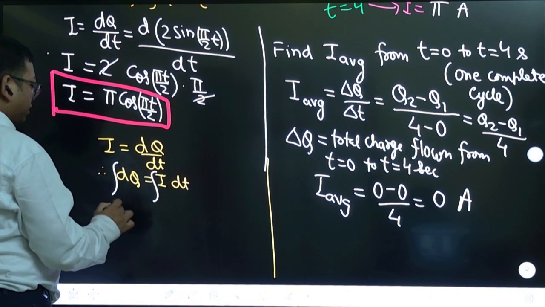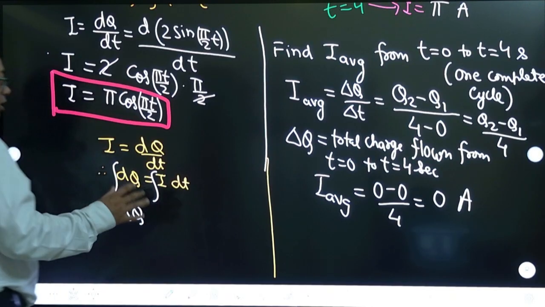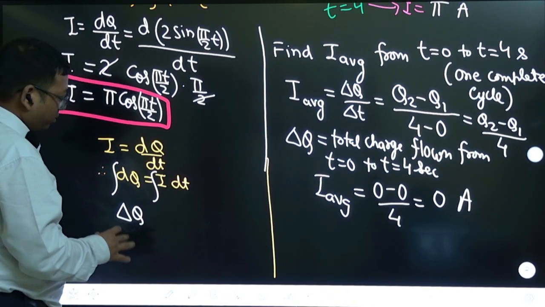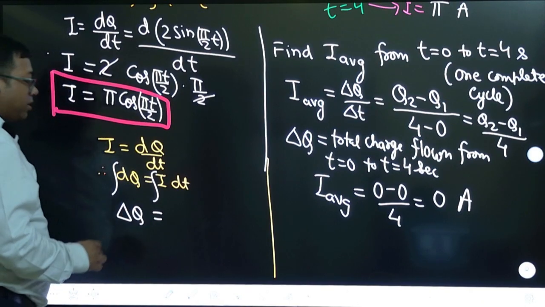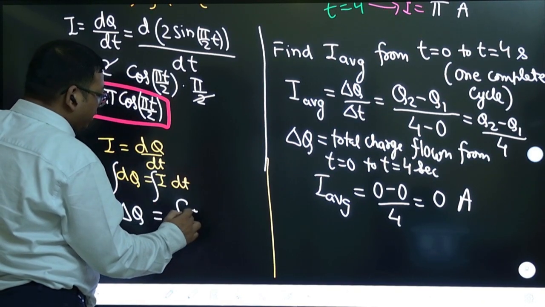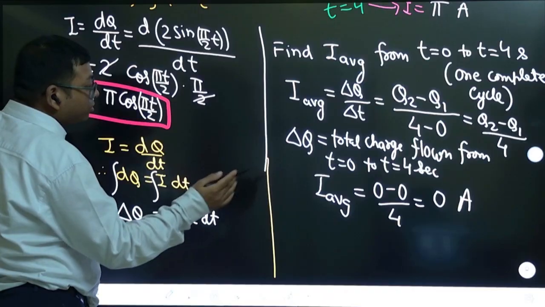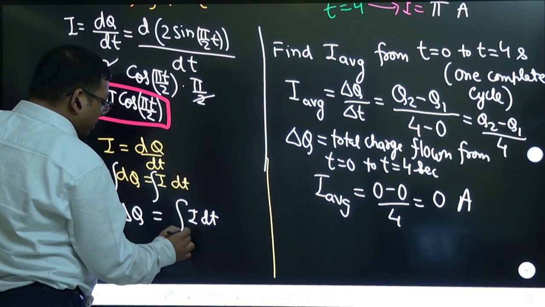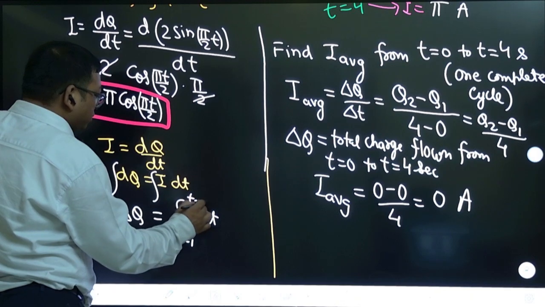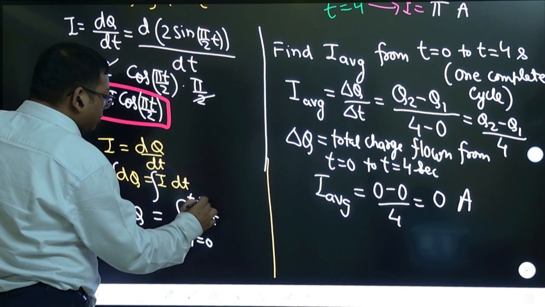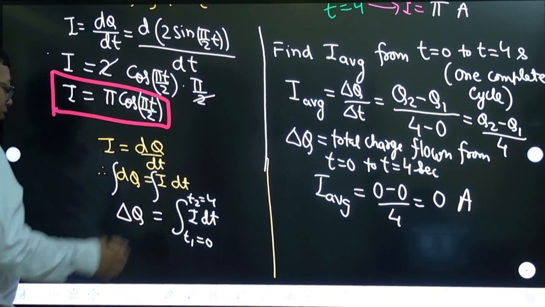When you integrate, this becomes delta Q, the charge flown in that interval. This delta Q becomes equal to the integration of I dt from t1 to t2. Here you want 0 to 4, so t1 is 0 and t2 is 4. Let us try to calculate delta Q.